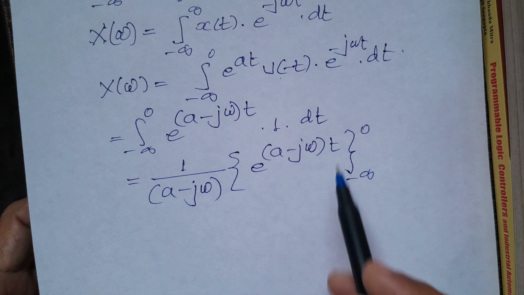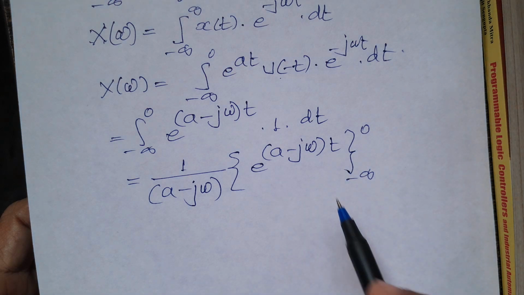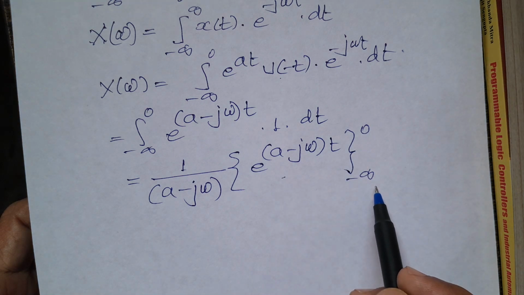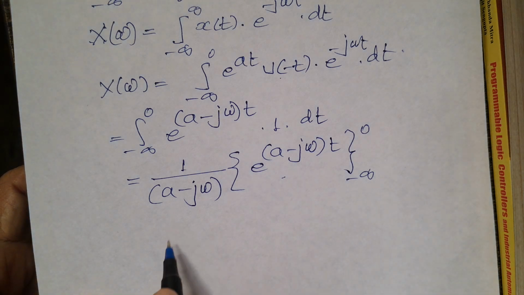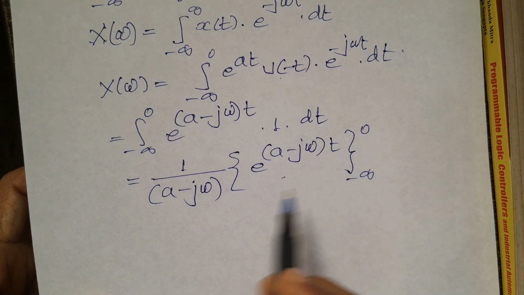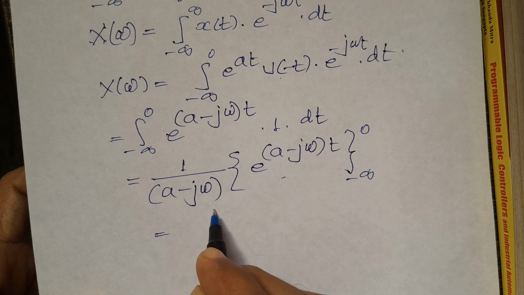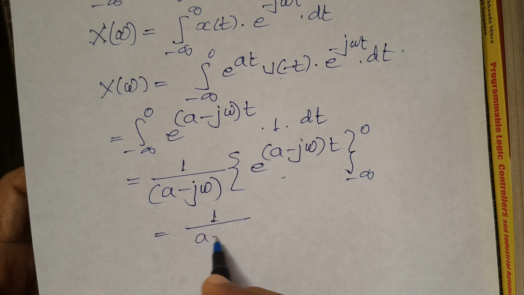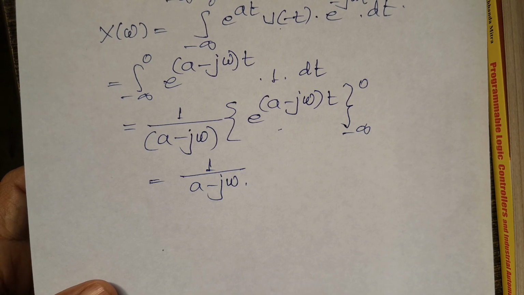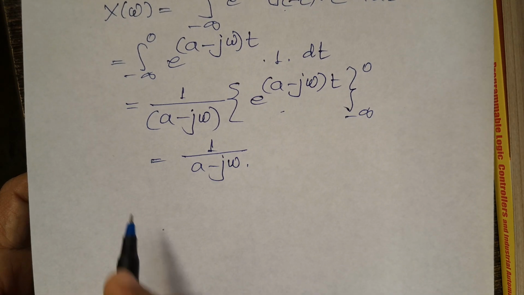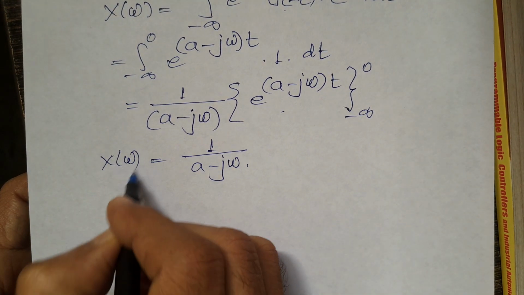So e raised to power 0 is 1, and e raised to power minus infinity, if you put it here, will be 0. So we are getting 1 minus 0, which is 1. So we get 1 over (a minus j omega). Now we have to find the magnitude of this X(omega).